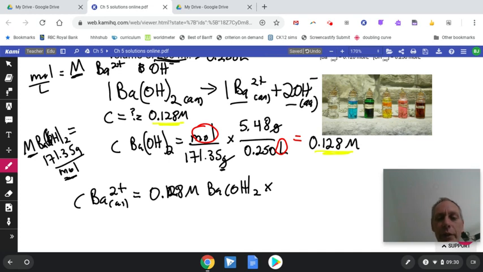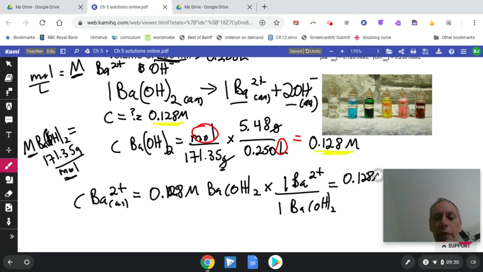Ba2+. 1 Ba2+ for every 1 Ba(OH)2. And it works out to be the same, 1-to-1 ratio: 0.128 molar Ba2+, these cancel out.